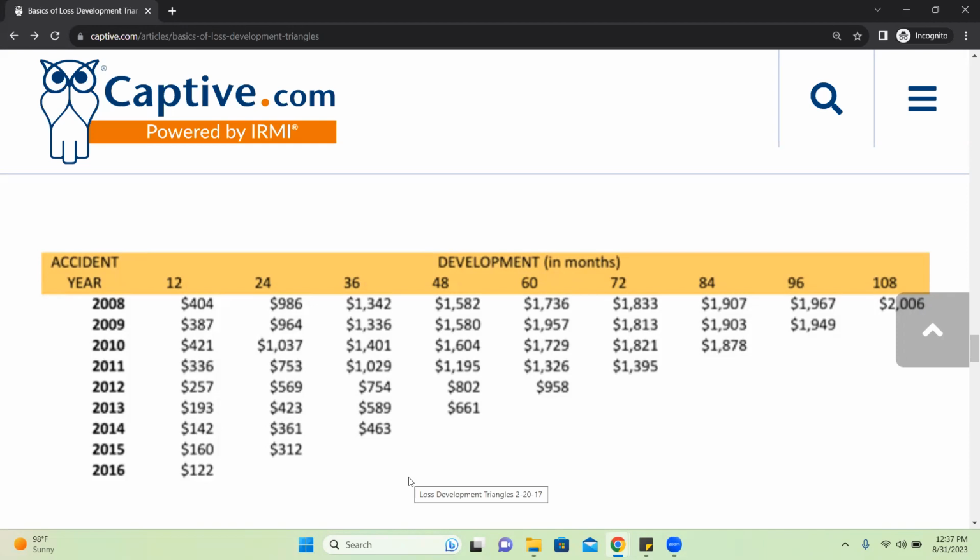So to interpret this, you could interpret it horizontally or you could interpret it vertically. To interpret it horizontally then, for example, looking at accident year 2008, in 12 months, $404 of claims were paid.